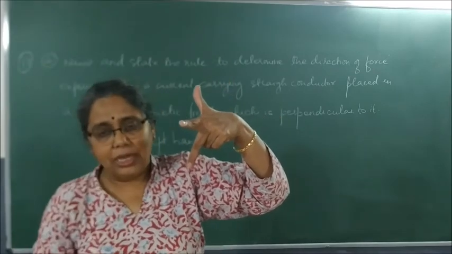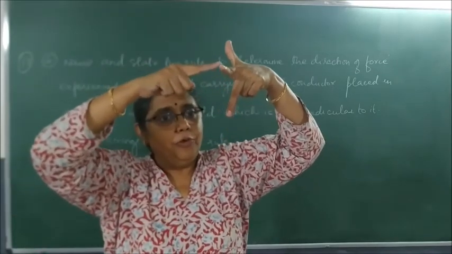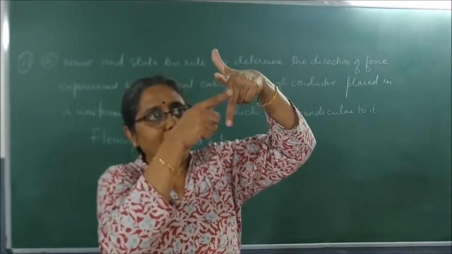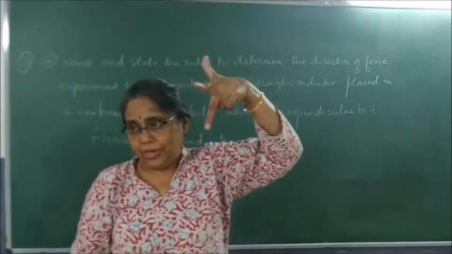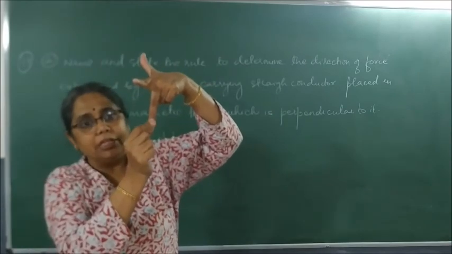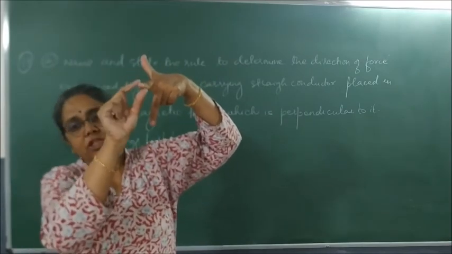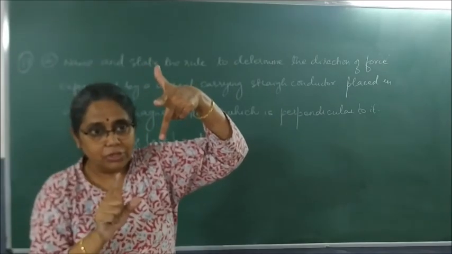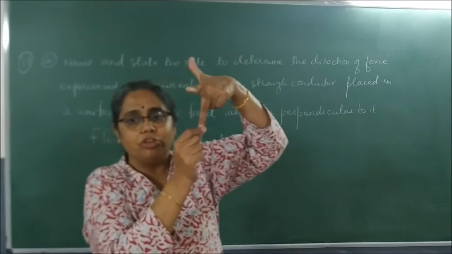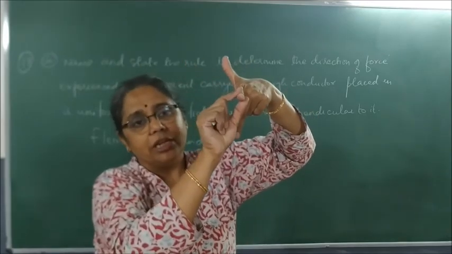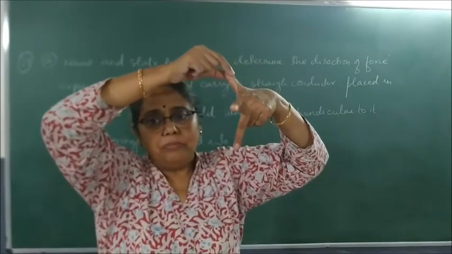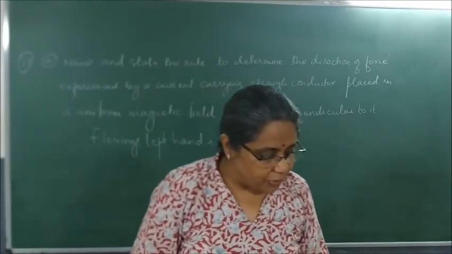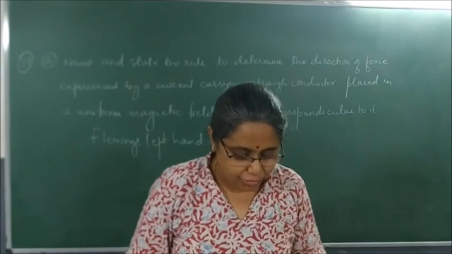Sorry, I said thumb somewhere wrongly. The middle finger shows the direction of current, the forefinger shows the direction of magnetic field, and the thumb shows the direction of magnetic force.